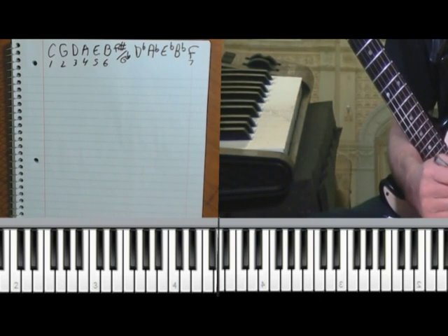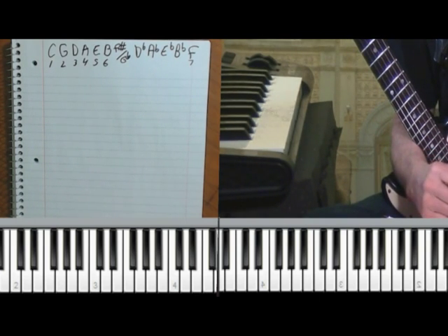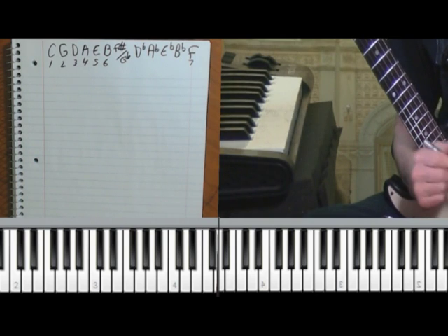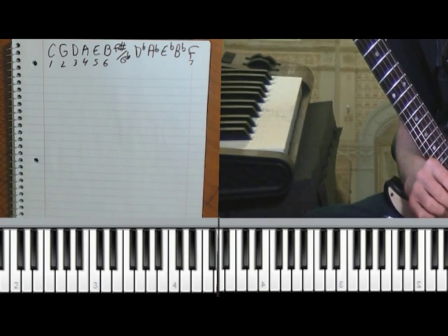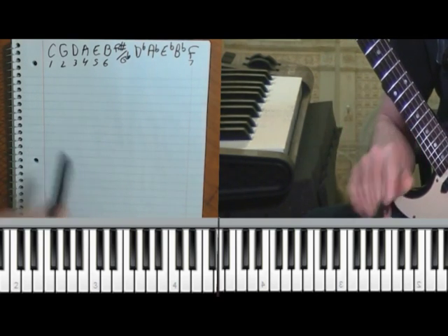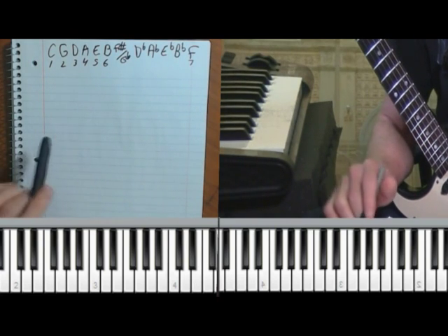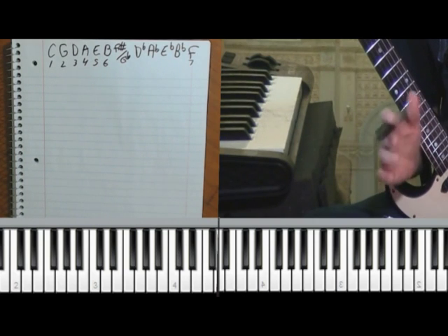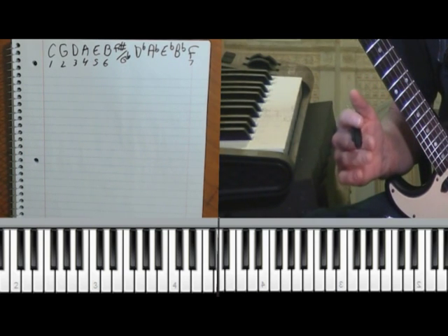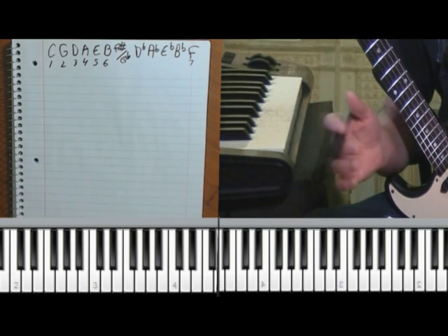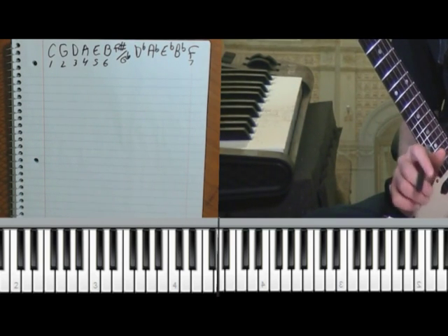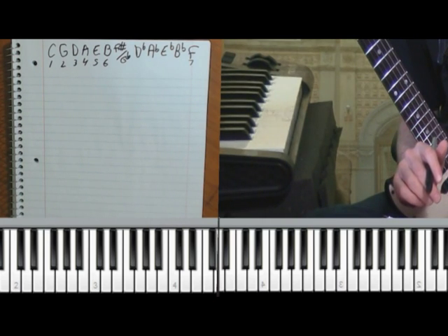In the first 7 scales, or modes, you have 3 major and 3 minor scales. And you have 1 diminished scale, and that's called the Locrian. They're all related, because they started out as the same thing and they were just inverted, so they have certain characteristics that blend and work together.